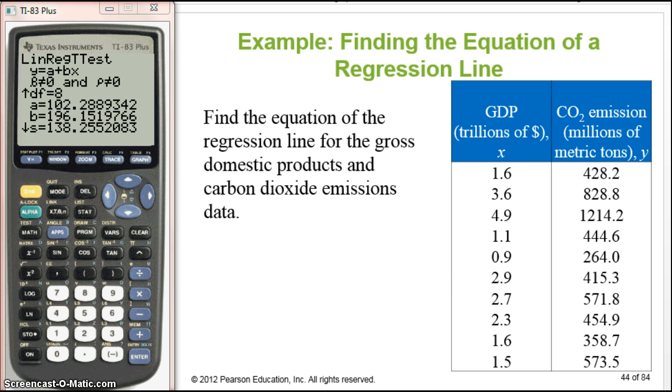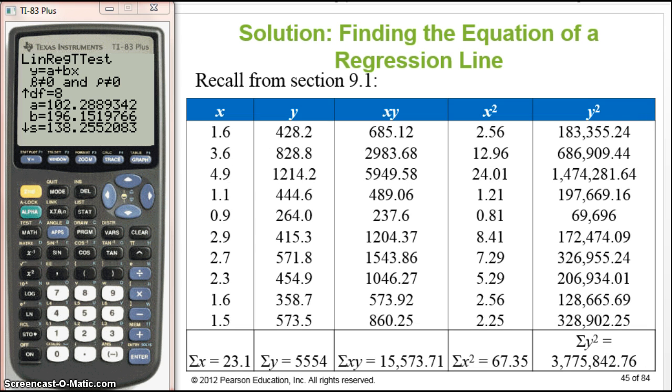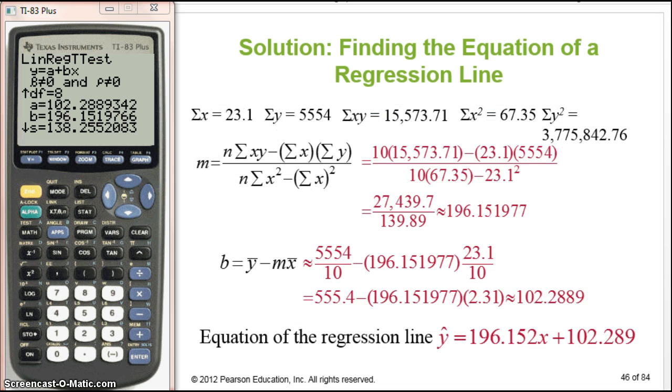And if we go through the slides, you can see this is all the math that you have to do just to get to this equation. But essentially you get the same thing in the calculator that you would have gotten by hand, just a lot less cumbersome. And you can see this is the same equation down here as it is in the calculator. We're just flip-flopping the order of where the y-intercept is.